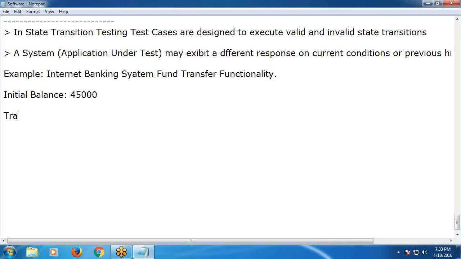Next, observe transaction, transaction amount, valid or invalid, or pass or fail.